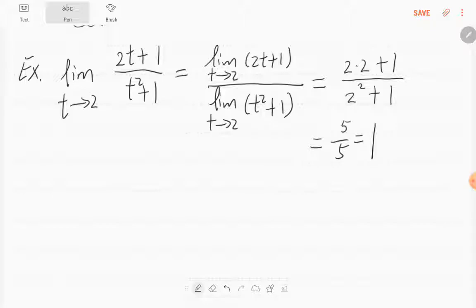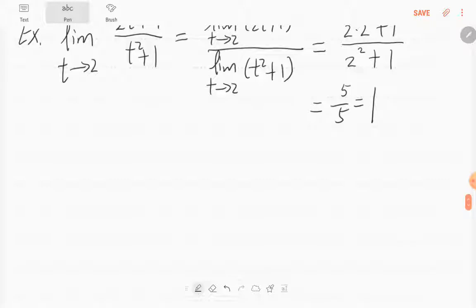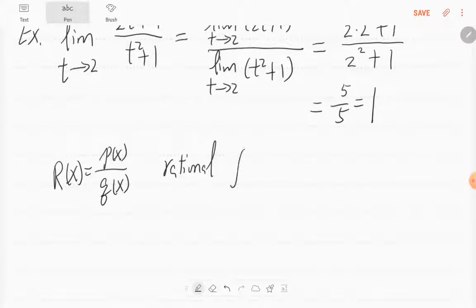This limit is 1. So this example tells you that if you have a rational function R of x, which is equal to a polynomial p of x divided by another polynomial q of x, this is called a rational function. From pre-calculus, we know that a rational function is the quotient of two polynomials. Here p and q are polynomials.